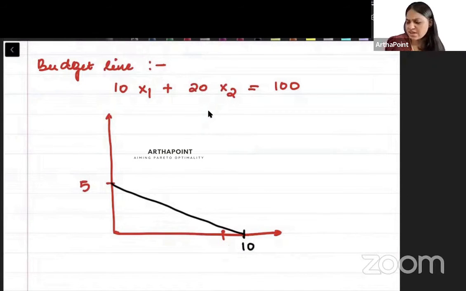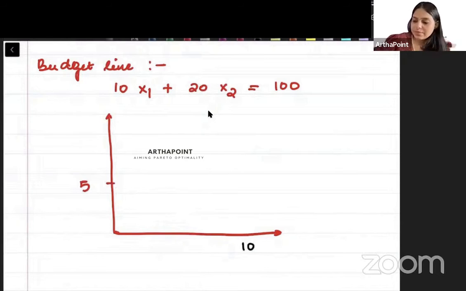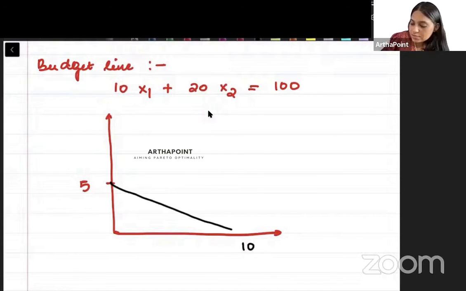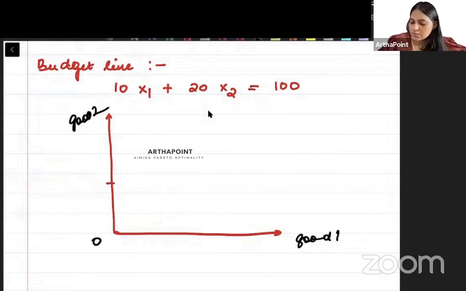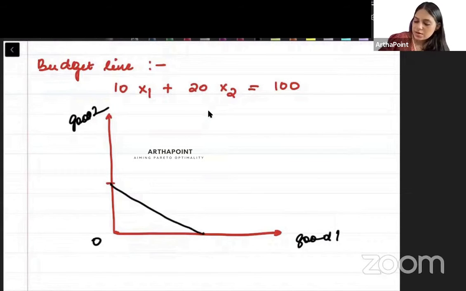We have already seen this plotting many times now. Now this is good 1, this is good 2. Let's plot this again because I need some space here. So this is 5 and this is 10.